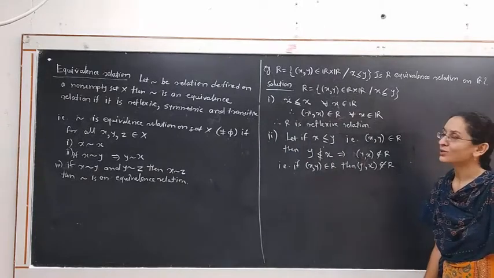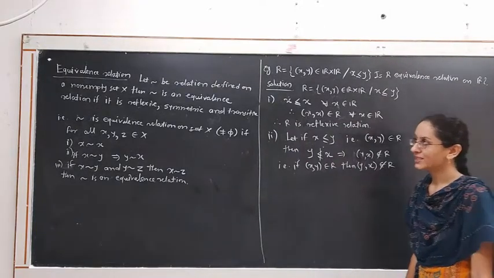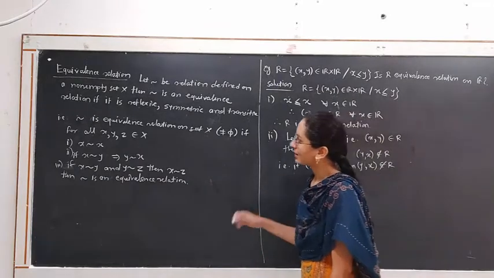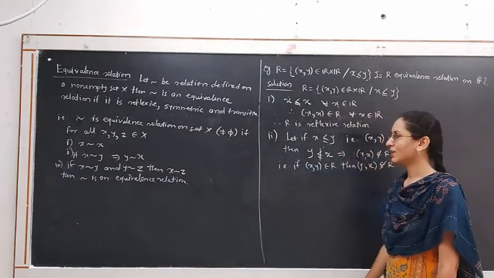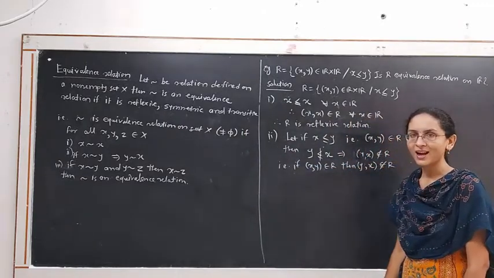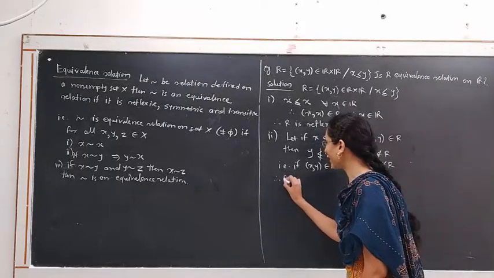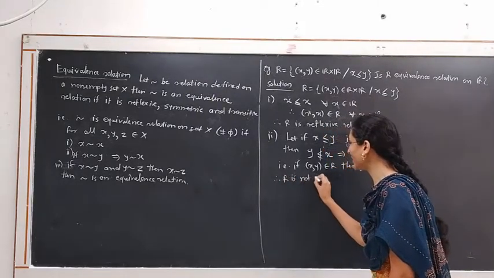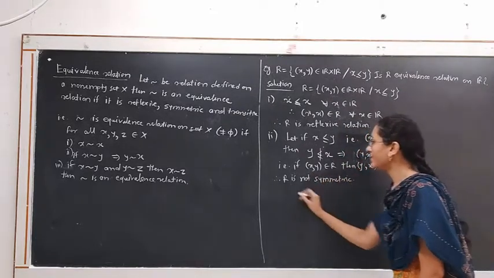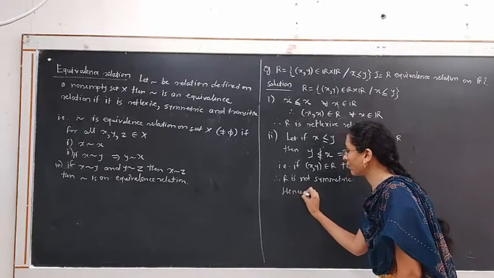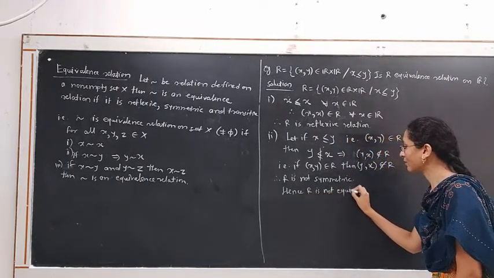This relation R is not symmetric, hence R is not an equivalence relation. It is an equivalence relation if it is reflexive as well as symmetric as well as transitive. Here R is not symmetric, hence R is not an equivalence relation.